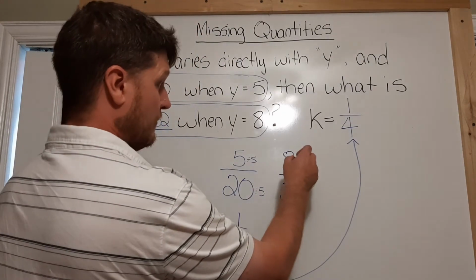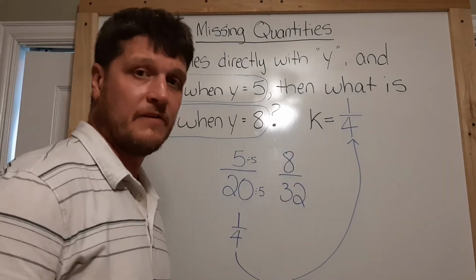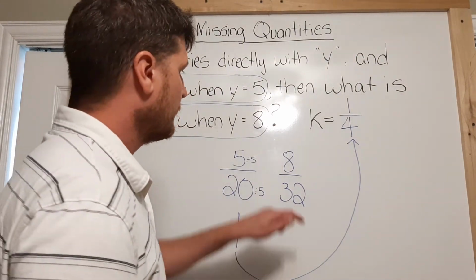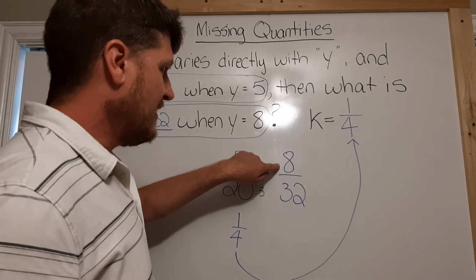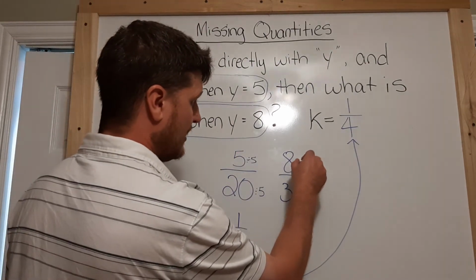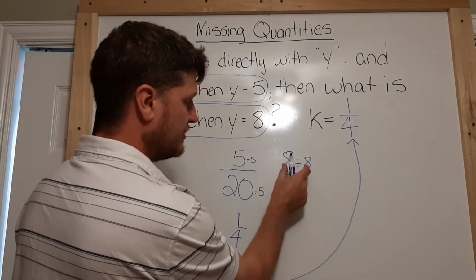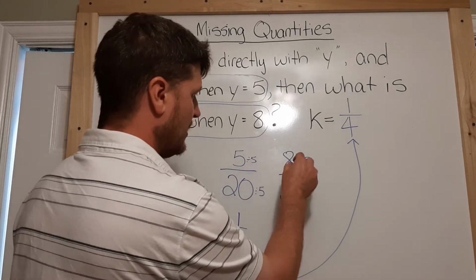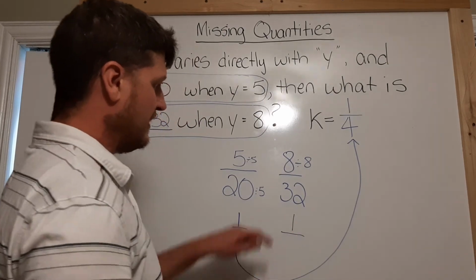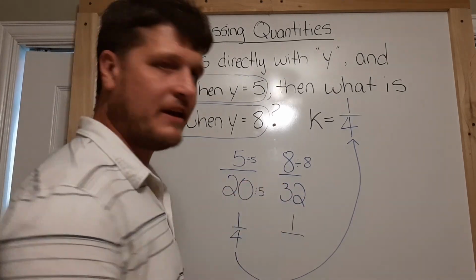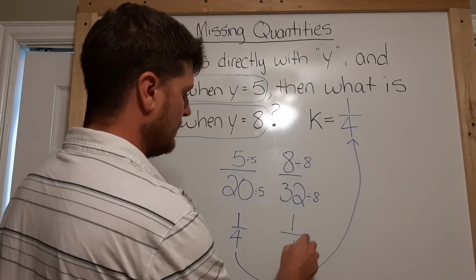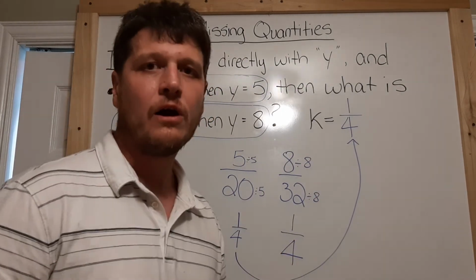Now, we know the top and the bottom of this particular constant or ratio have 8 in common. So I can divide by 8 up here, and it will reduce the top part of this ratio. 8 divided by 8 is 1. And then 32, I divide it by 8 also. 32 divided by 8 is 4.